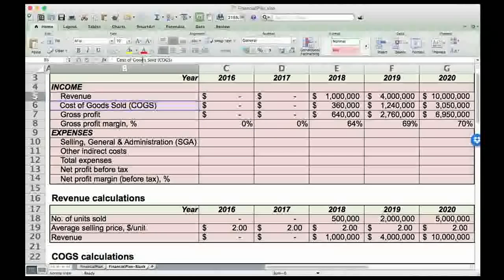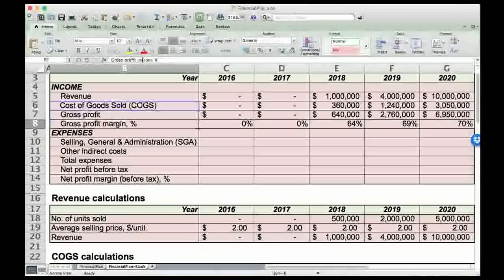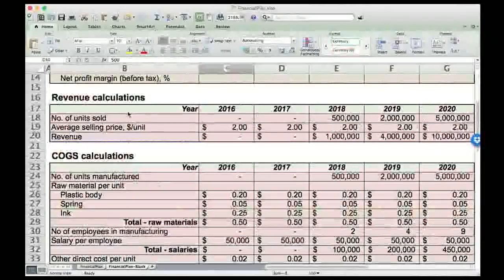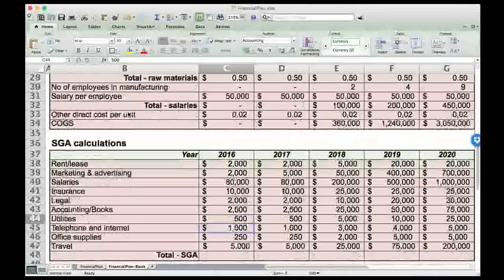So we now have the income section completely done. Now let's move on to the expense section. So let's first look at the SGA. SGA are indirect costs related to selling, general and administration.